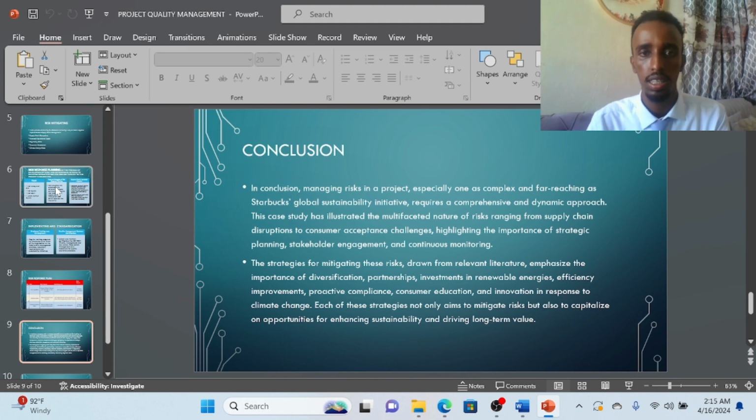This case study has illustrated the multifaceted nature of the risks, from supply chain distribution to consumer acceptance challenges, highlighting the impact of strategic mitigation. The strategies emphasize the importance of diversity, partnership, investment in renewable energy efficiency, responsibility, consumer education, and innovation in response to climate change. Each of the strategies aims to mitigate the risk.